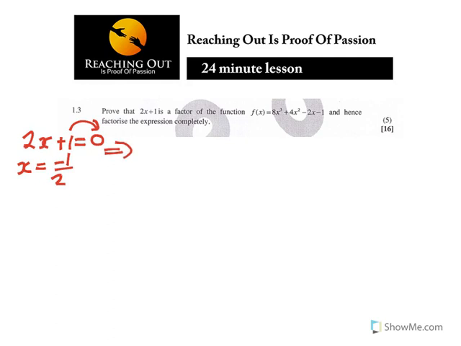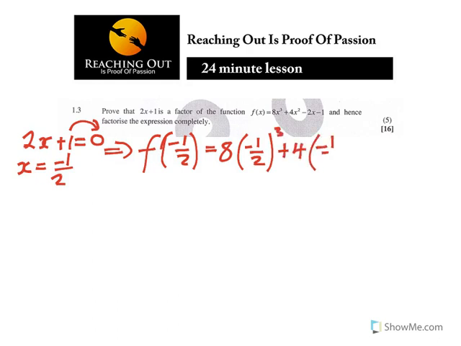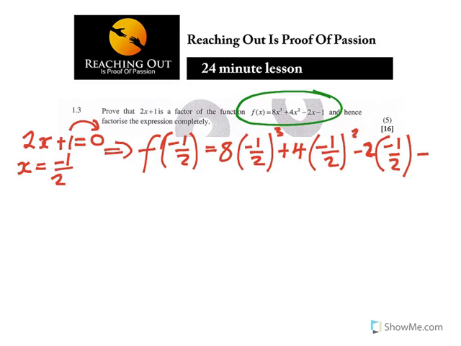Then this means f of minus 1 over 2 is equal to 8, cubed plus 4, squared minus 2. I'm already writing that. From the question they give you, I hope it can be clear. I'm writing f of x minus 2, where there is x, I'm substituting with minus a half.